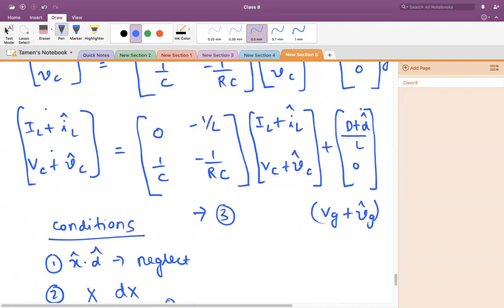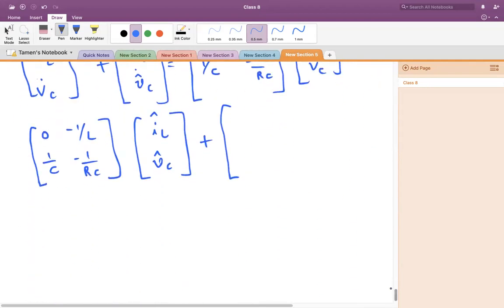Now for the input part, this will be multiplied with this, both ways we have to do.